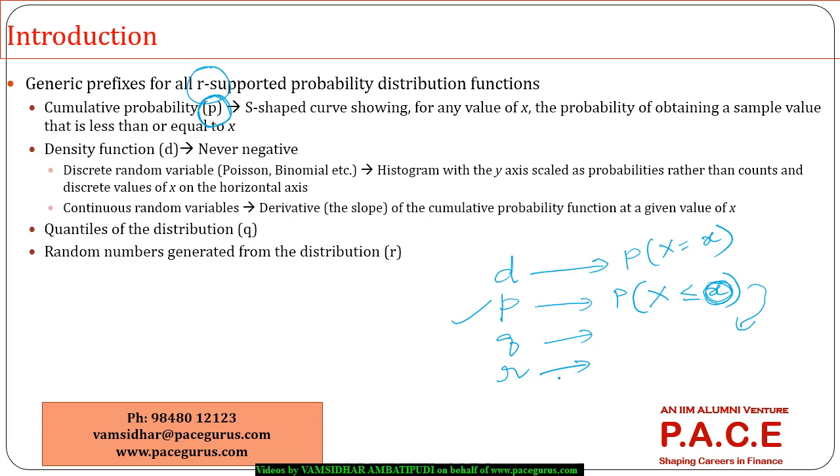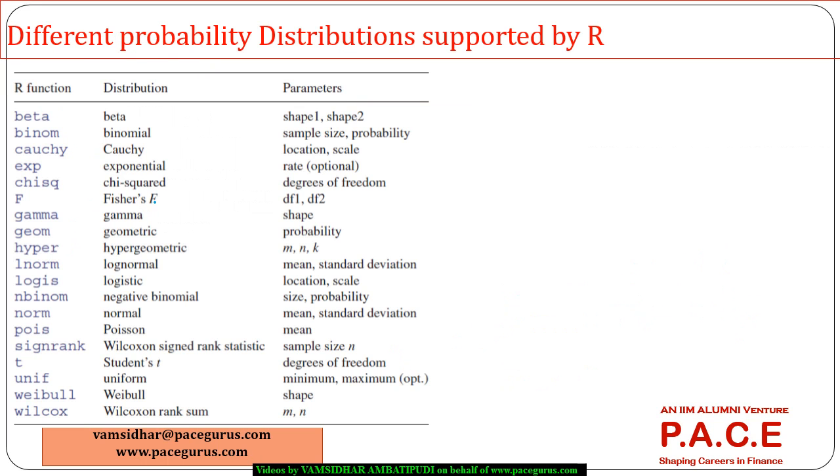And when I want to randomly generate some kind of data set following a particular distribution, I'll prefix an R before it. So we'll try to use all these things as we move along in this session. These are the functions R supports, for different kinds of distributions, but of course this table contains a mixture of both discrete as well as continuous distributions.